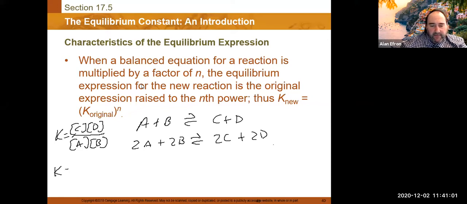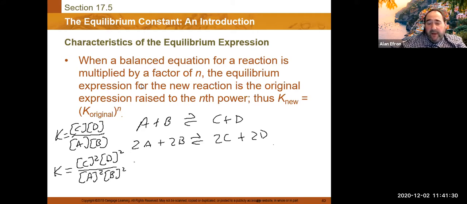The equilibrium expression for my second reaction would be C squared times D squared divided by A squared and B squared. The difference between our first and second reaction is that we multiplied by 2. The difference between our K values is that we would actually square the K value. Because we multiplied by 2, we take the K value and square it.